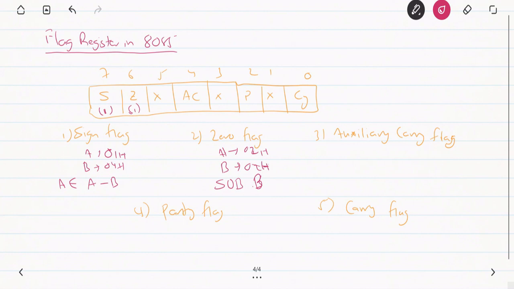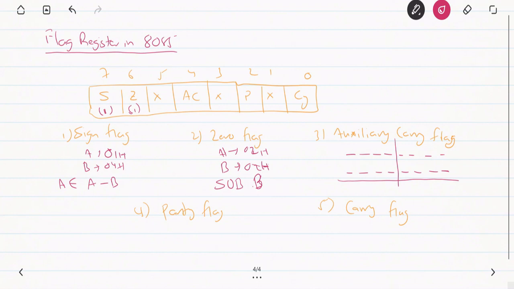Now we move on to auxiliary carry. We know that we always perform 8-bit operations on our data, which means there are a sum total of 8 bit values: first, second, third, fourth, fifth, sixth, seventh, and eighth. Let's say we're adding two different 8-bit values. These are basically converted to binary, and then the operations are done in binary.